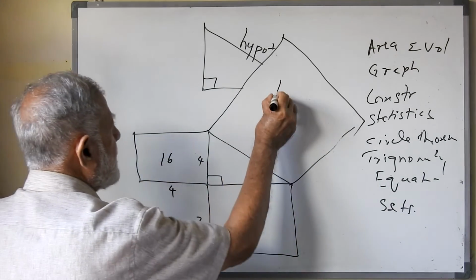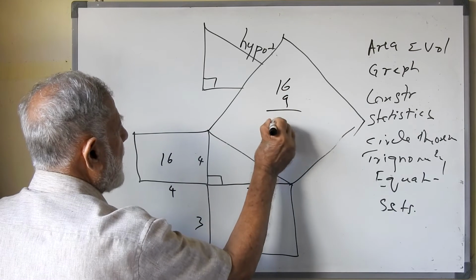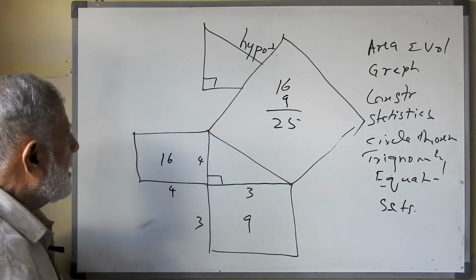So 16 plus 9, the area of this will be 25.